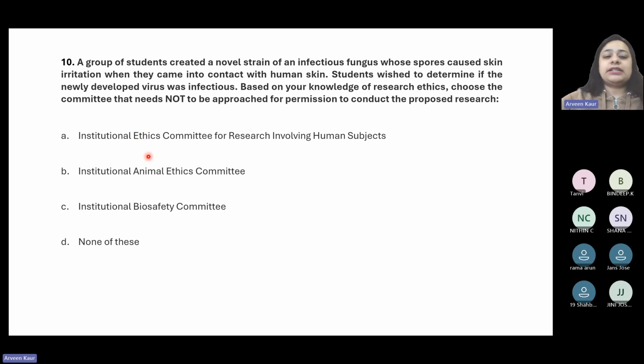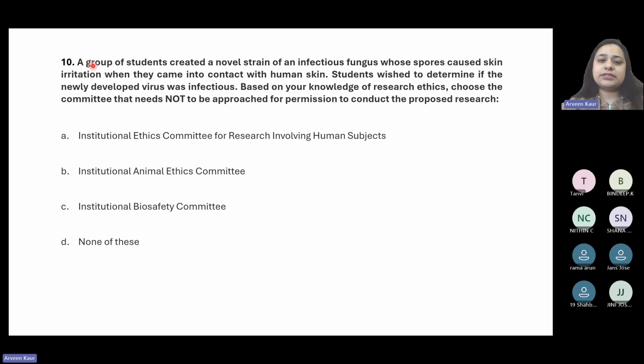Is it the Institutional Ethics Committee for Research involving human subjects, or the Institutional Animal Ethics Committee, or the Institutional Biosafety Committee, or none of these? So which of these committees need not be contacted when somebody is planning to do this kind of research?